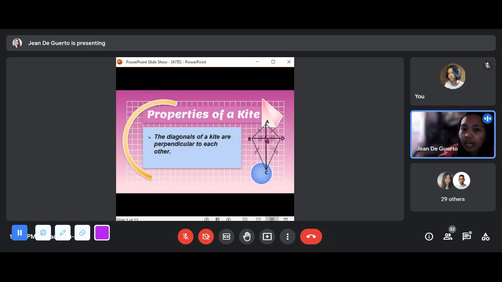That means the angles formed by their intersection are right angles. So we have four right angles here: angle ASD, angle CSD, angle ASB, and angle CSB.